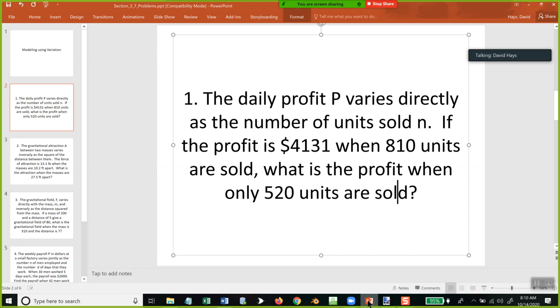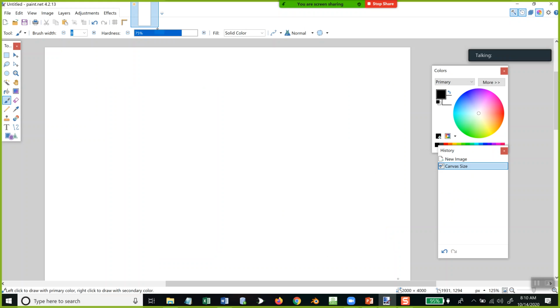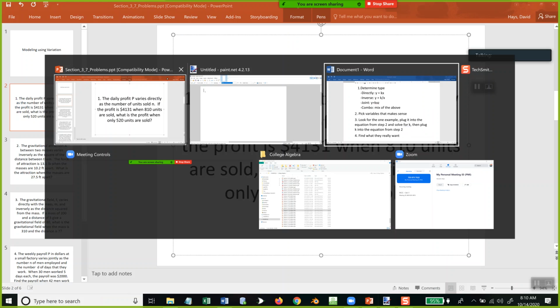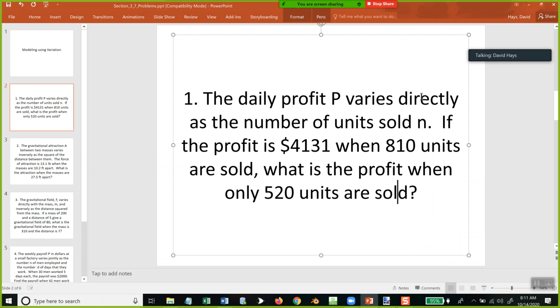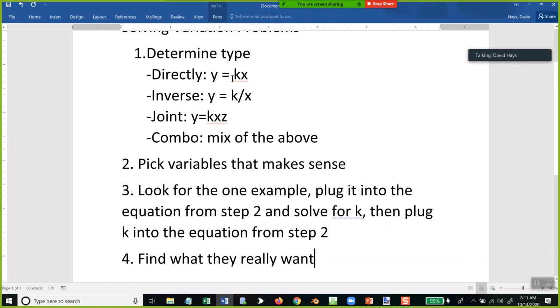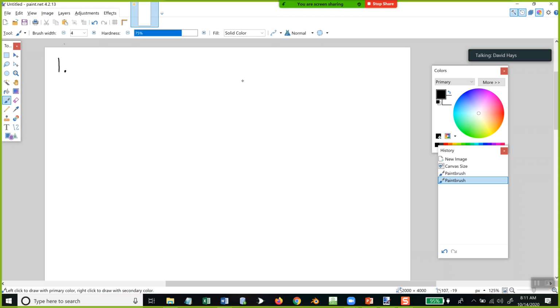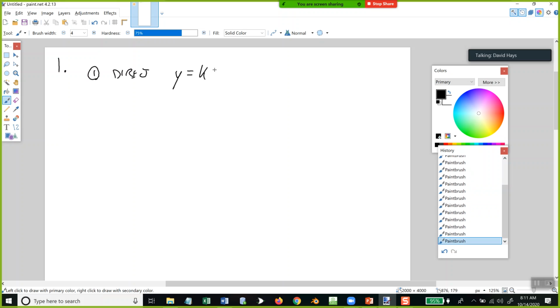Okay, so if we look at this problem here. Step 1, determine the type. Daily profit P varies directly. It says directly. So directly is going to be of this form, y is equal to kx.